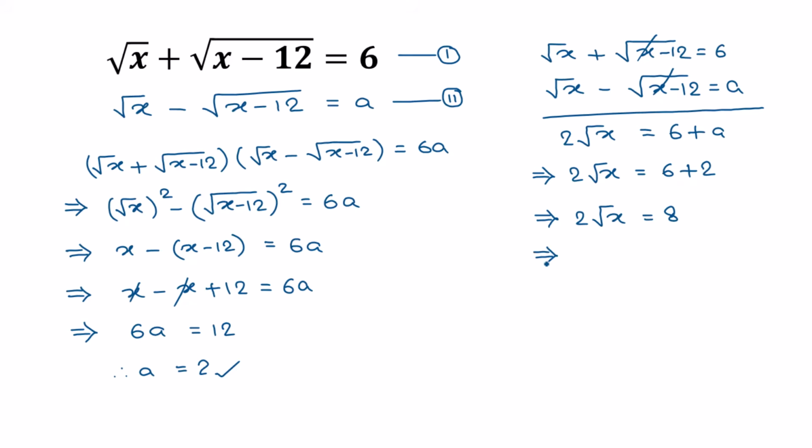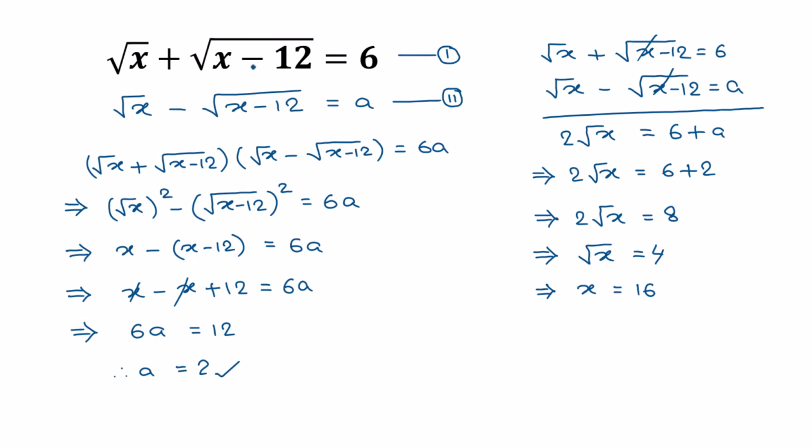Dividing both sides by 2, we will get the value of square root of x is equal to 8 divided by 2, this is 4. Now taking the square of both sides, we will get the value of x is equal to 4 square, this is 16, and this is the value of x.